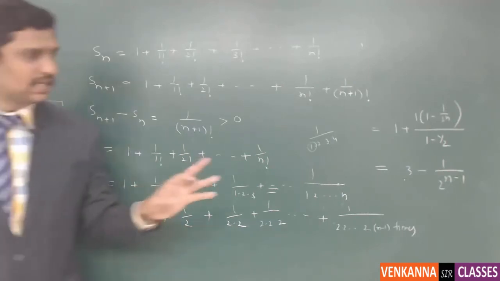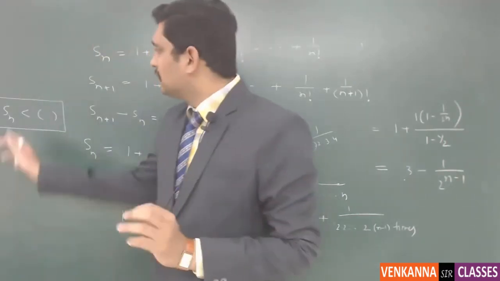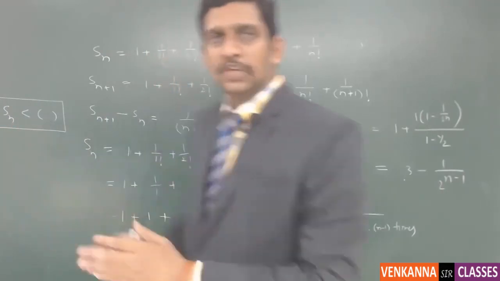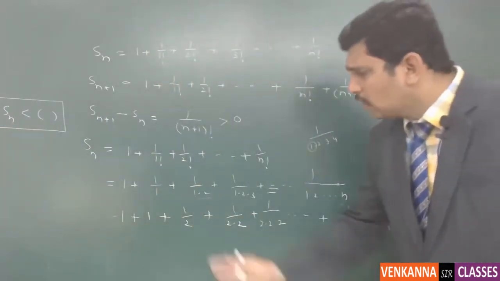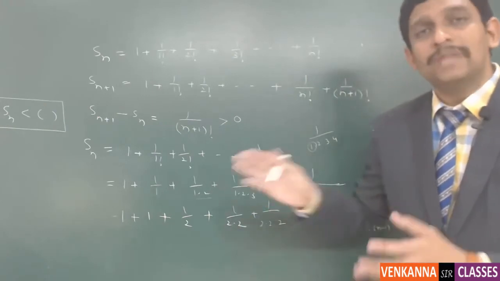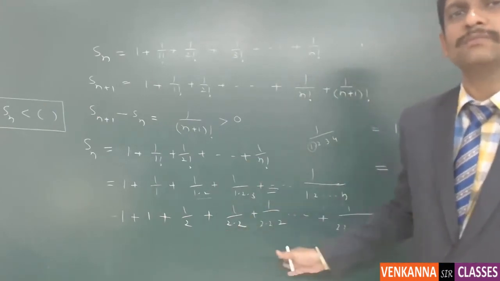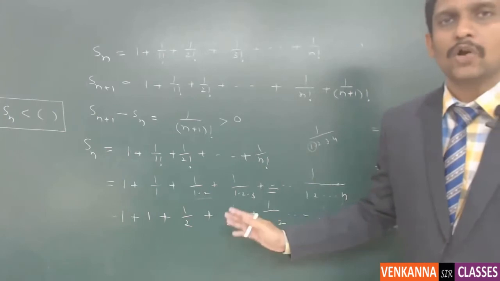So just understand that our task is nothing but finding an upper bound. You can do the arrangement not only in terms of 2, you can do it in terms of 3 also. That is also acceptable, not wrong at all.